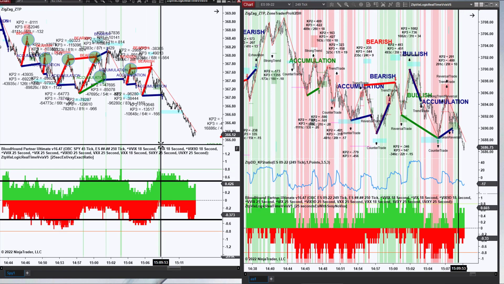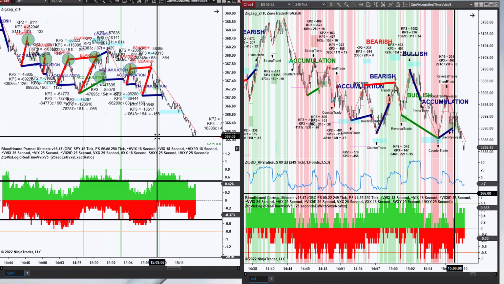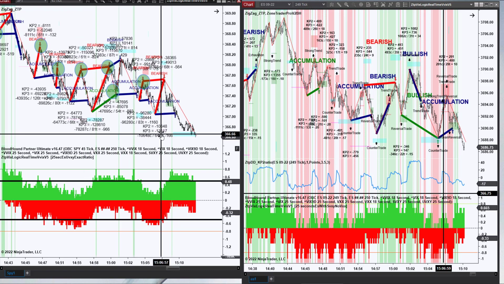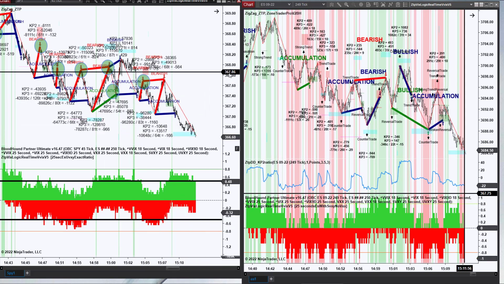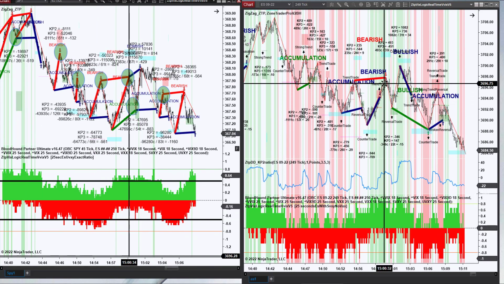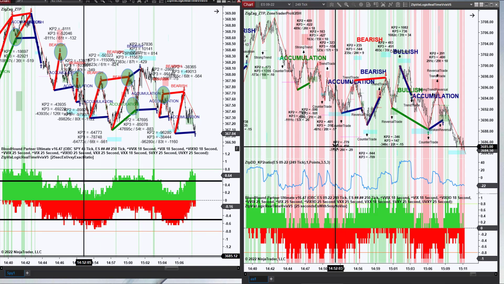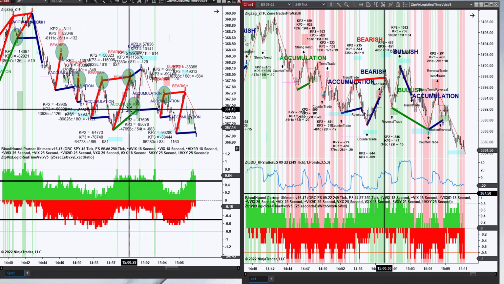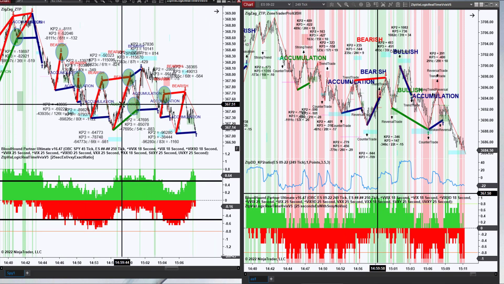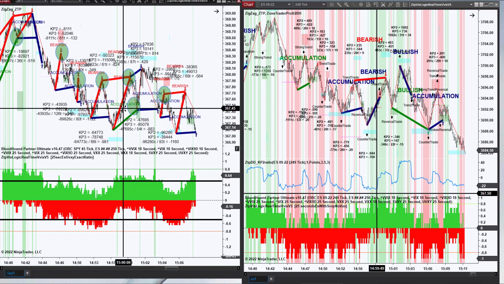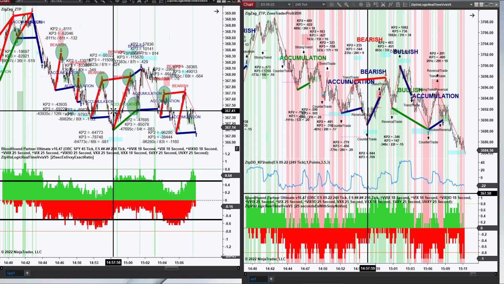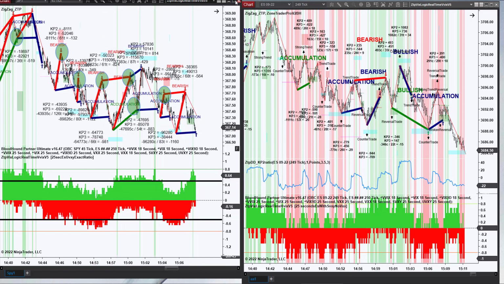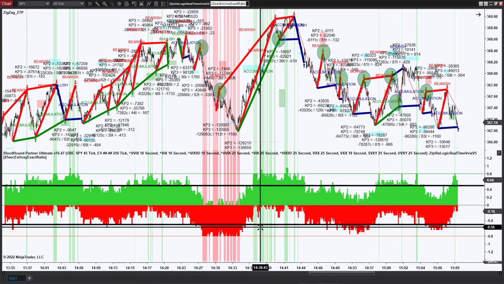I would strongly suggest that you take a look at using both of these, and maybe putting the normal 25-second chart on the SPY, reversing it basically the way I'm doing it here, and putting the regular 25-second template of your choice over on the SPY, and using this ratio here for the ES chart.